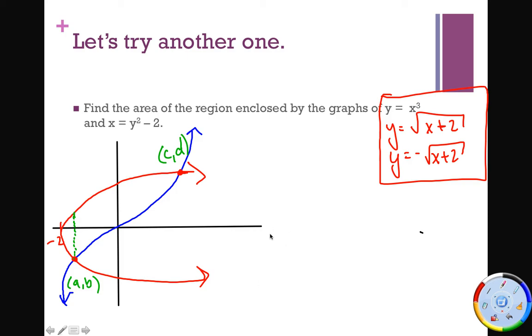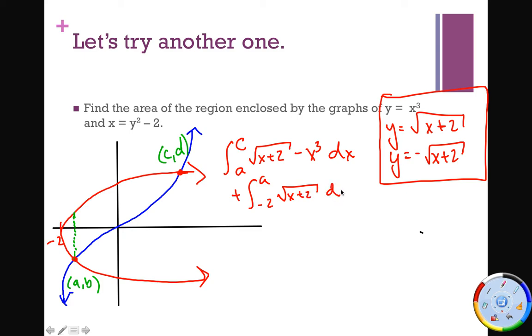If we just took the integral, going from A to C in the x direction, of the square root of x plus 2 minus x cubed dx, and then we would have to add the integral from -2 to a of the square root of x plus 2 dx.